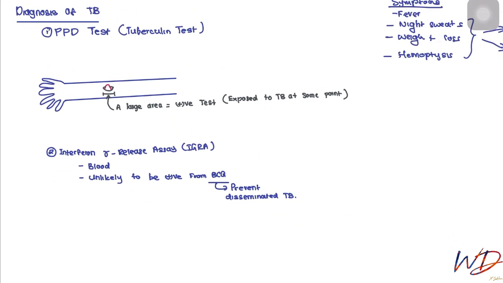So you do these tests, especially the PPD test, and next, to confirm the diagnosis, you do a chest X-ray. So if the chest X-ray is positive, what do you mean by positive? You will see thick cavities or thick regions of fibrosis, especially in the apex or the hilum, because the lymph nodes are involved in the hilum.